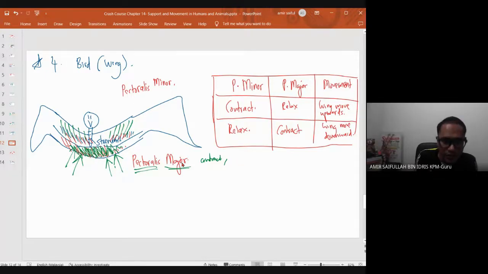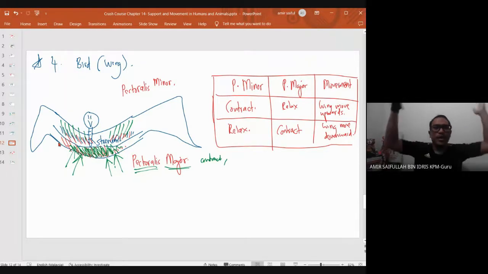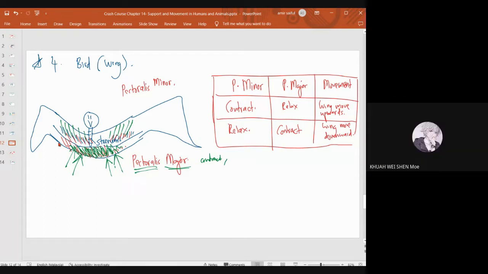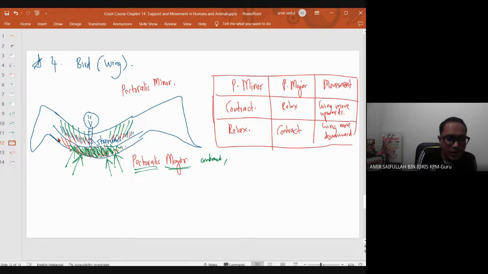So when pectoralis major contracts, pectoralis minor relaxes. Will it push or pull? Pull the wing up or pull the wing down? Pull the wing down. So here contracts, it will pull the wing down. So the wing will flip downward.